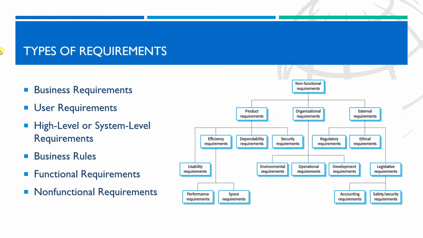We have some types of requirements, and we start with the business requirements. The business requirements are the reason for developing systems and software in the first place. Business requirements are the essential activities of an enterprise. Business requirements are derived from business goals, and business scenarios may be used as a technique for understanding business requirements.